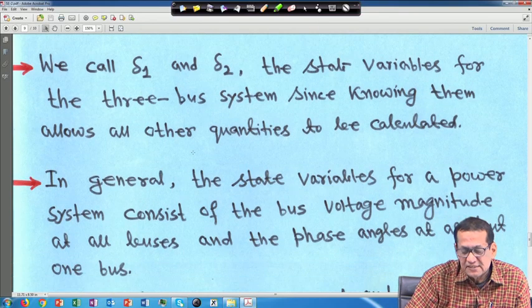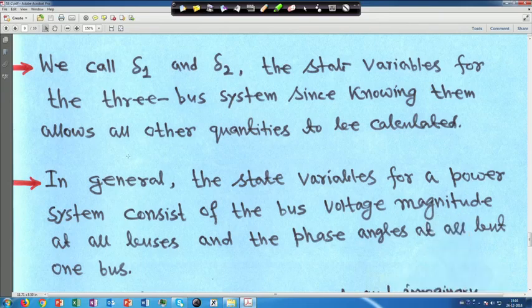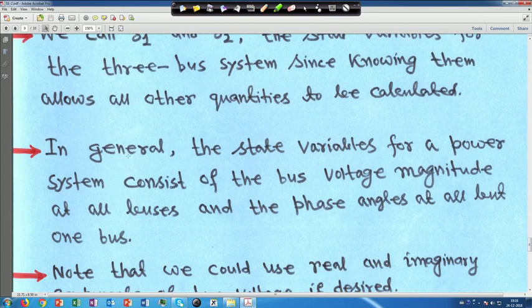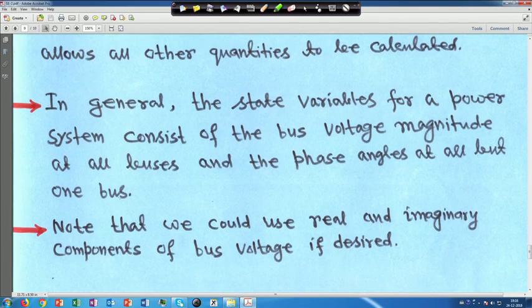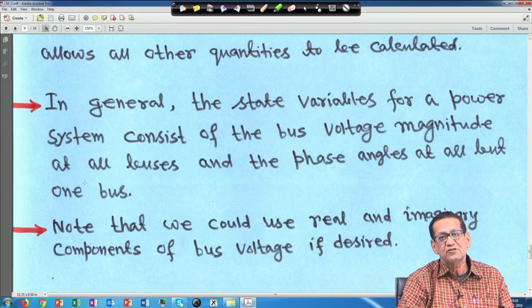So, in general the state variables for a power system consist of the bus voltage magnitude at all buses and the phase angles at all but one bus, that is the slack bus. Note that we could use real and imaginary components of bus voltage if desired, that is also possible.